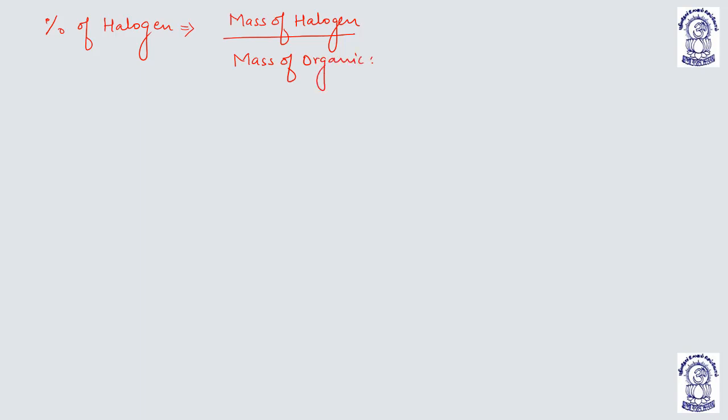Percentage of halogen can be calculated as mass of halogen upon mass of organic compound into 100.